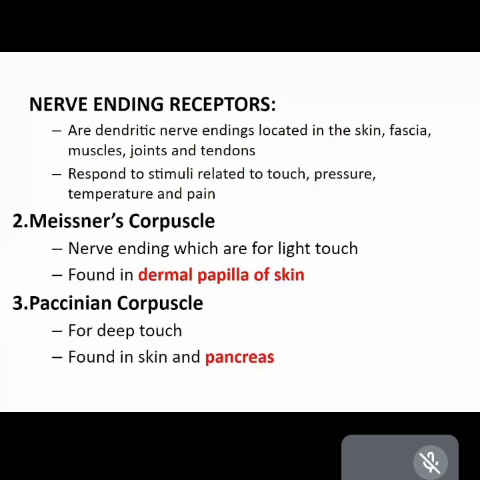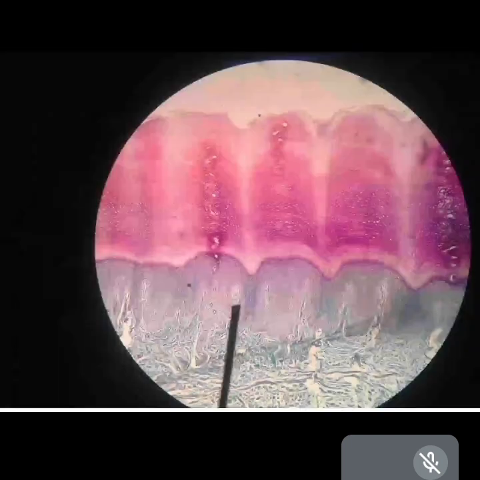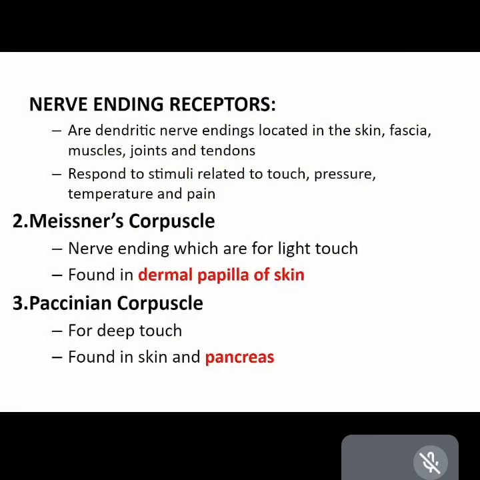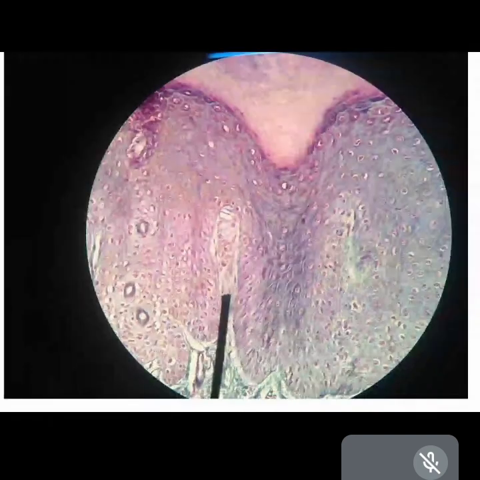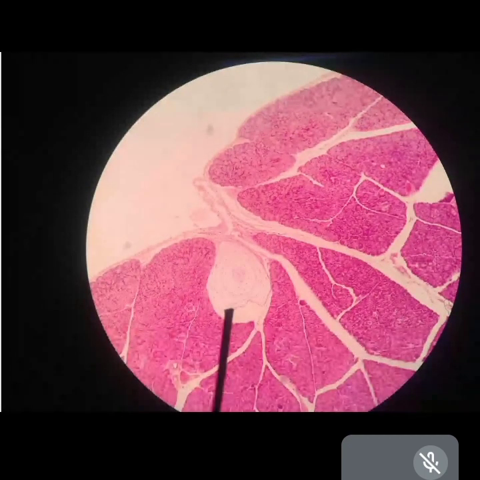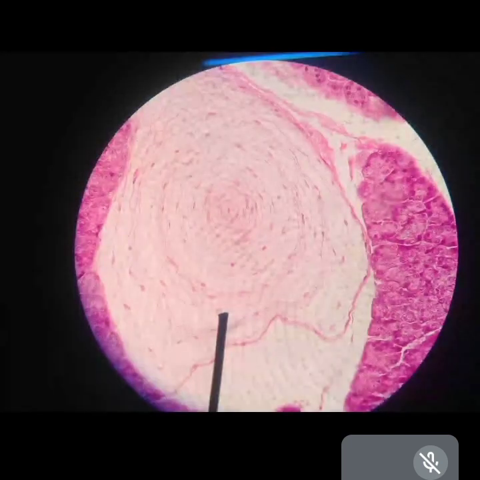So remember the two kinds of corpuscle. The first one is the Meissner's corpuscle. They are responsible for light touch. For the Pacinian corpuscle, under the microscope it looks like an onion skin. It's very pretty.